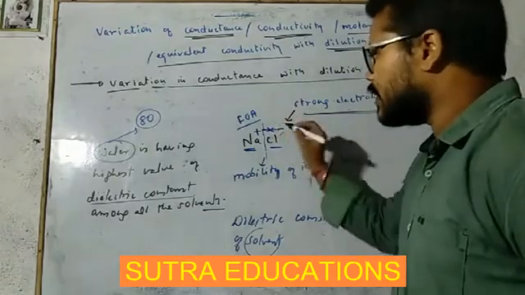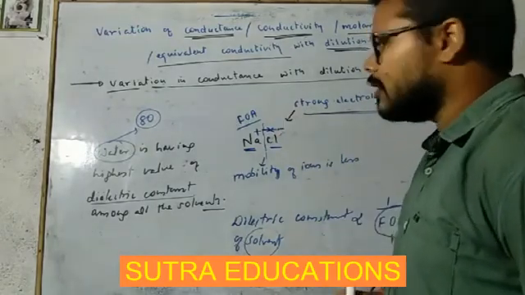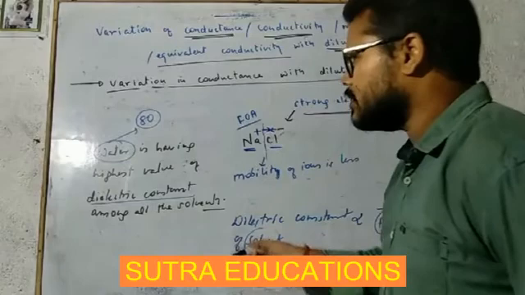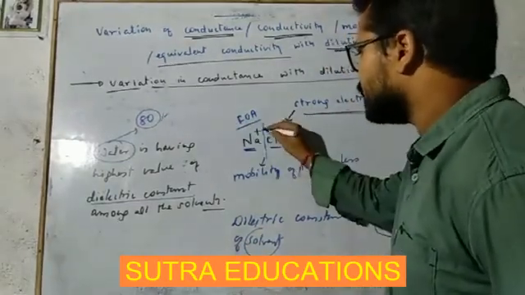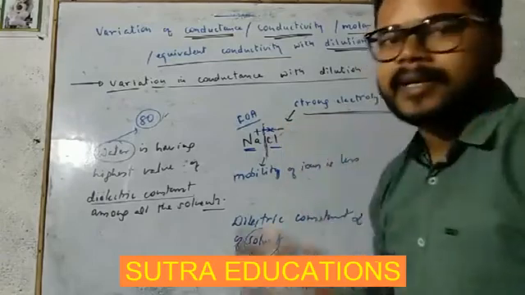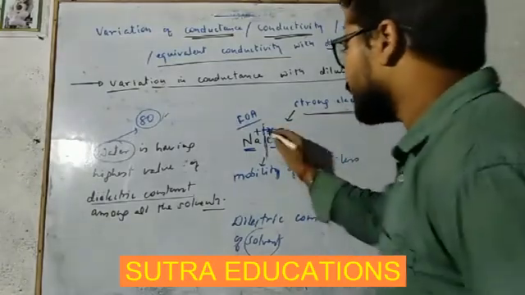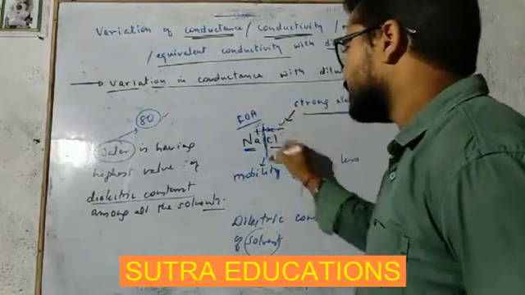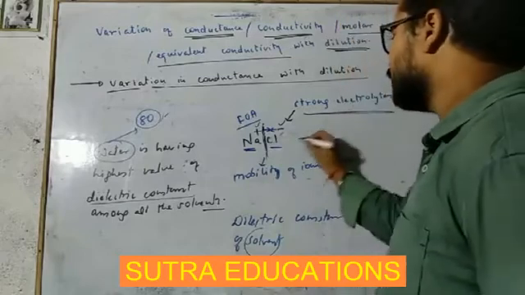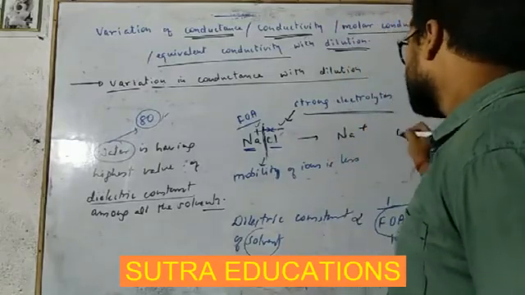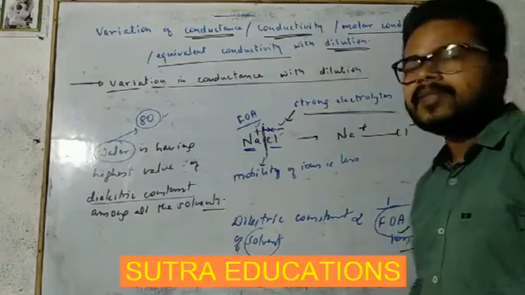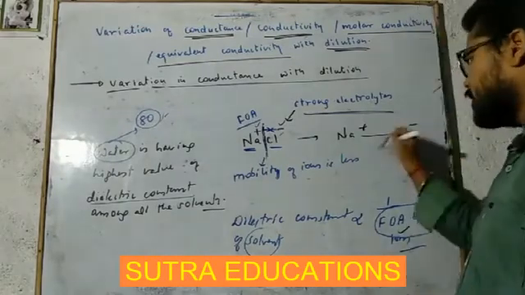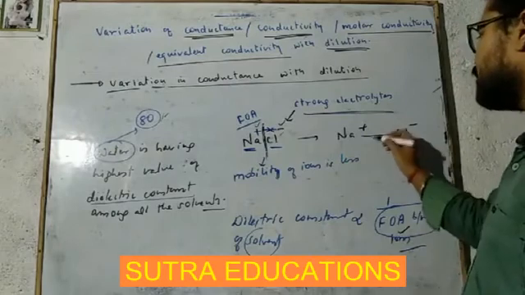So if we are giving more and more water, then what is happening here? Due to the high value of dielectric constant of water, this Na+ and Cl- are getting separated. Meaning the force of attraction between this Na+ and Cl- is getting reduced. Now these Na+ and Cl- are separated by some more distance, so they are free to move.